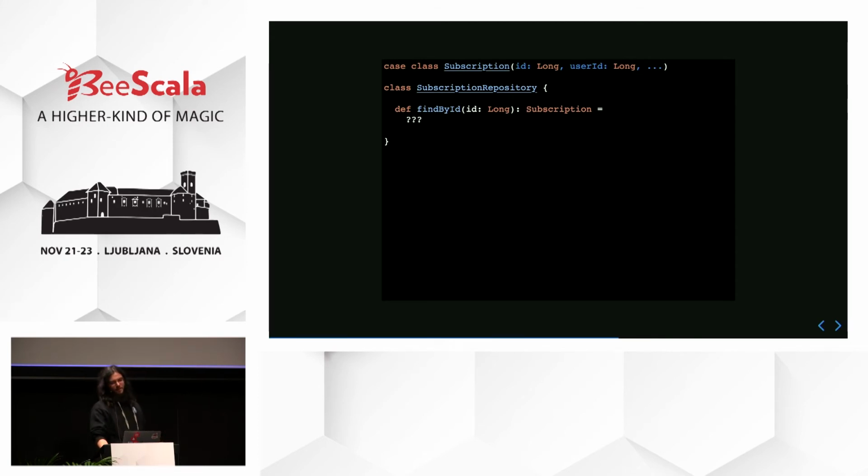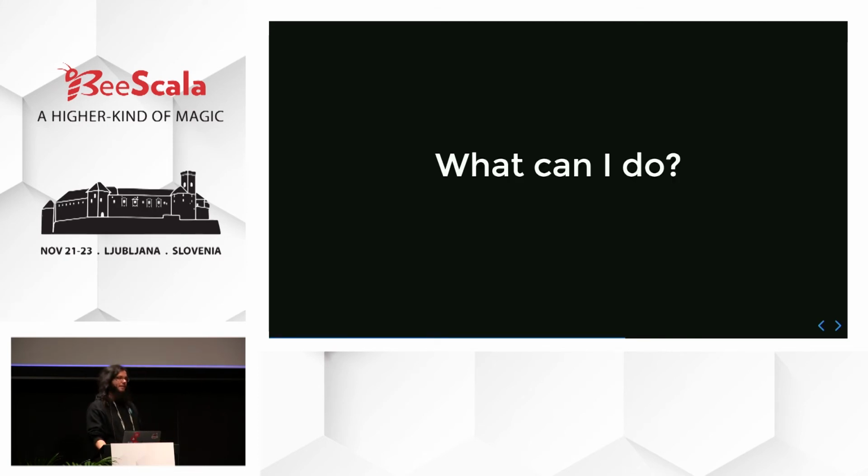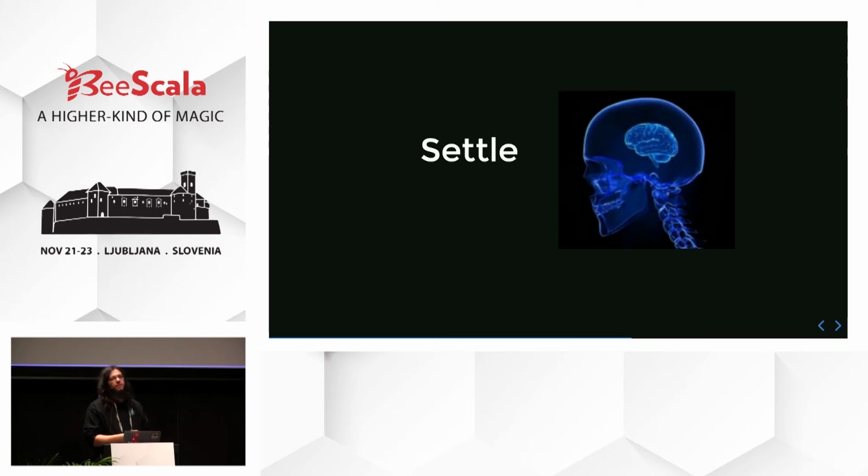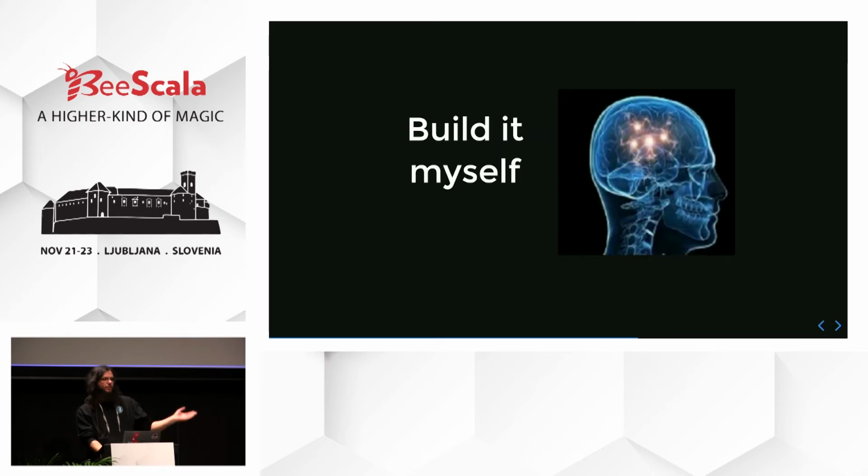And so what can I do to prevent the kind of thing that came back to bite me a long time ago? I would like to prevent this class of bugs. I could settle: developer due diligence got us so far, let's just keep doing it. I'll settle for this loss of information. I can build it myself, the full thing that generates something different.